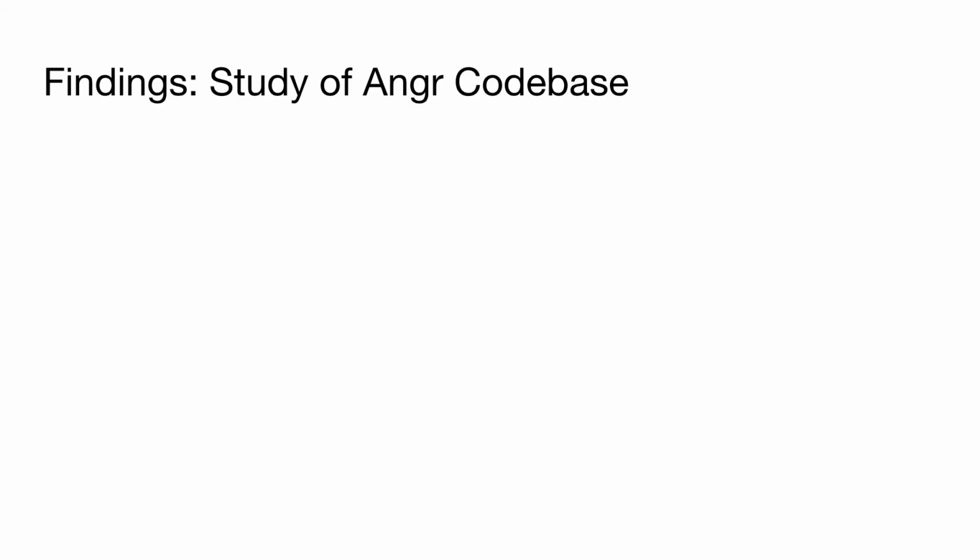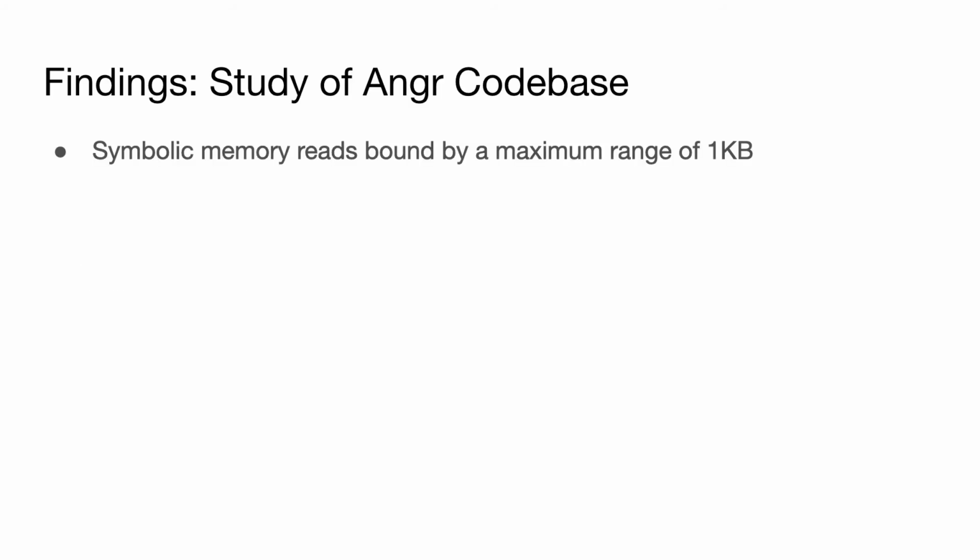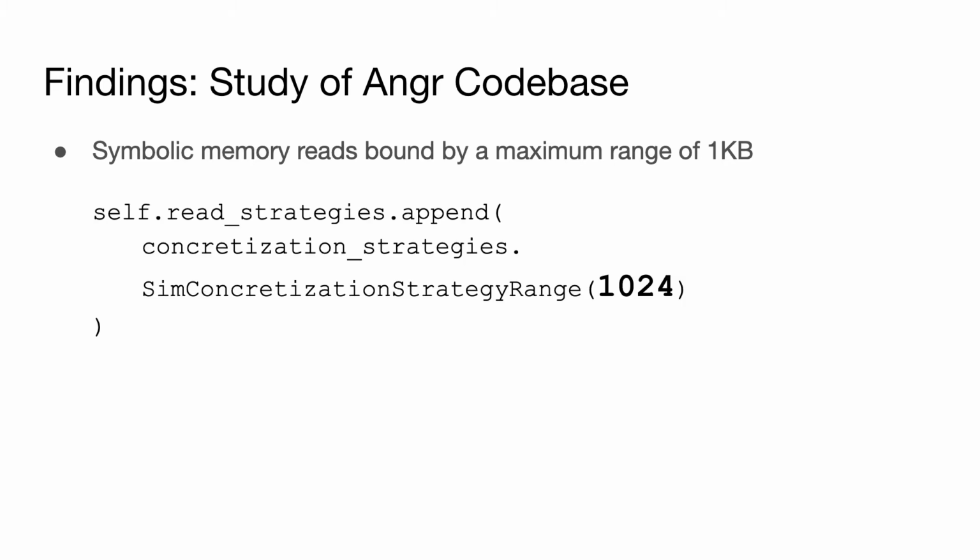So let's take a look at the key limitations of the angr codebase. angr does support fully symbolic reads and partially symbolic writes, but their approach to this process is not all that efficient. By default, if a read has a possible range of more than 1 kilobyte worth of values, then it will end up concretizing that read to just one of the addresses in the range that was specified.